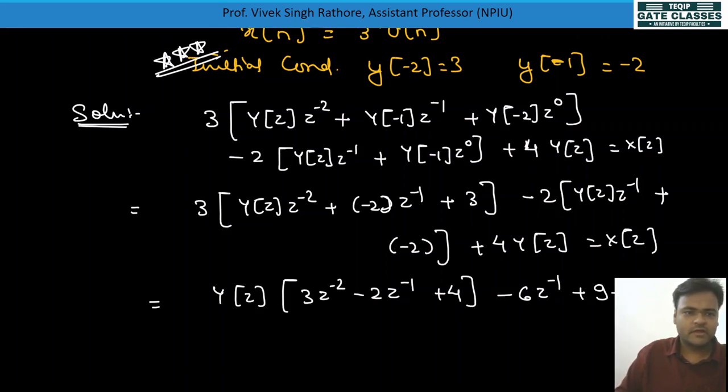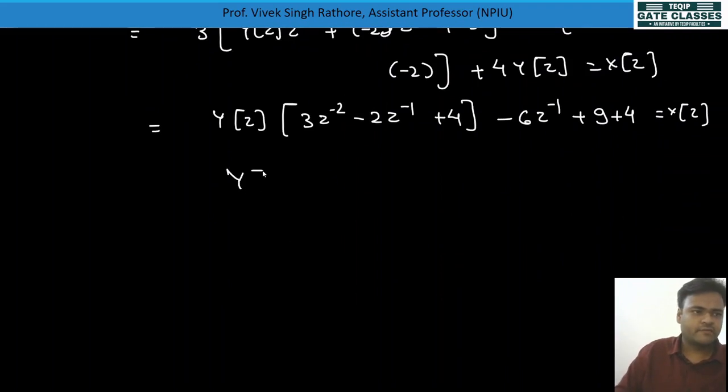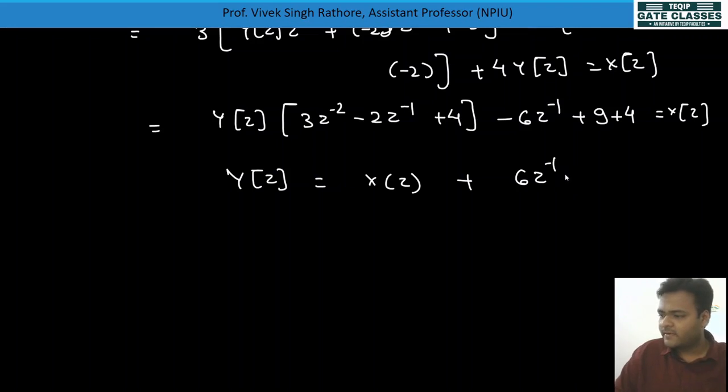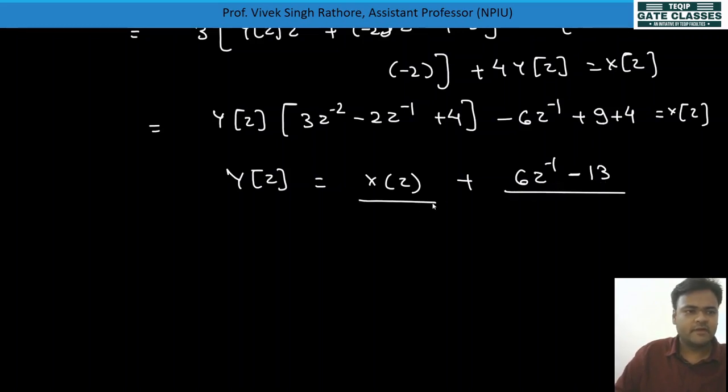Here it is equal to X(z). So ultimately Y(z) will be equal to X(z) plus 6 z inverse, and plus 13 will go to the right-hand side, so it will be minus 13, and we divide by 3 z to the power minus 2 minus 2 z to the power minus 1 plus 4.